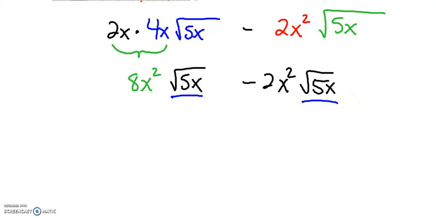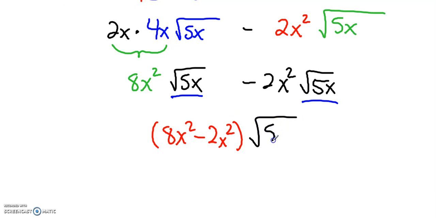So now you can take the terms in front, take the 8x squared, and subtract the 2x squared. So really it's just 8 minus 2, because they're both x squared terms. That'll make that out to be 6. And then x squared will follow with it, and then it's going to be the square root of 5x.